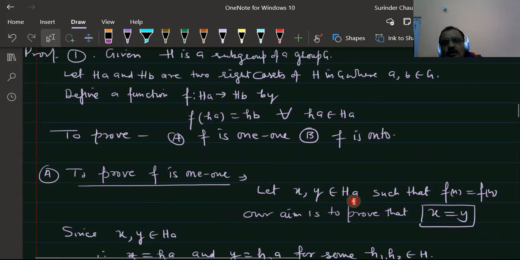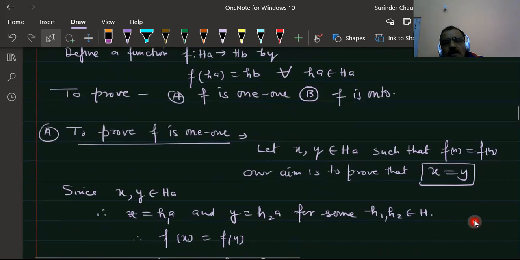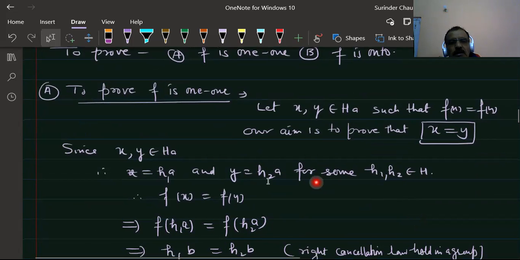So to prove f is 1-1, let x and y belong to Ha such that f of x is equal to f of y. Now we will show that x is equal to y. Since x and y belong to Ha, x will be of type h1a and y will be h2a for some h1, h2 in H. Therefore f of x is equal to f of y.